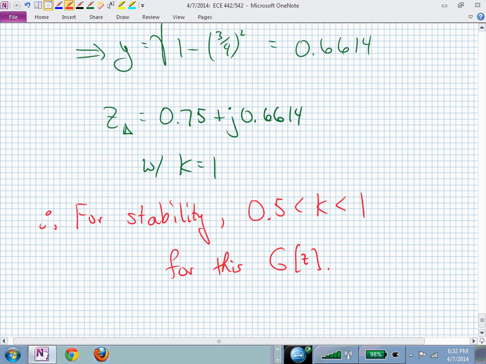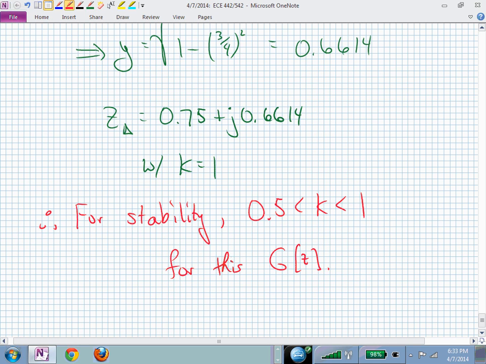We know how the closed loop poles change as we adjust this one parameter k. They only live on that root locus. So once you get up to 9/16, they have a real part of 3/4. And they'll always have that 3/4 real part as you crank up the gain k, but you don't want to crank up the gain k any more than 1 to remain stable. Is that clear? And that keeps you inside the unit circle.